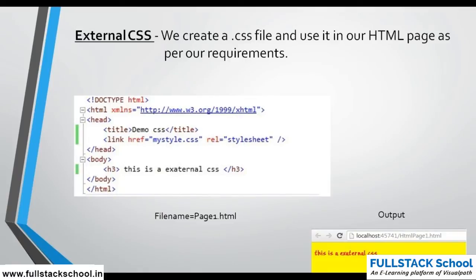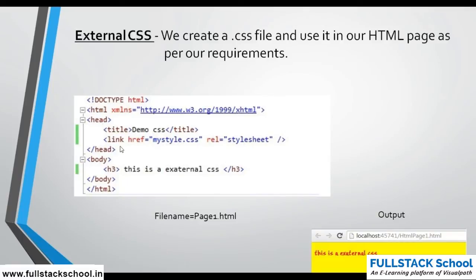For example, take a new file in Notepad, write your CSS, and save that file with the file name and a .css extension. Then save it to the folder, then link that CSS file to the existing HTML document, which we have done here in the head tag.